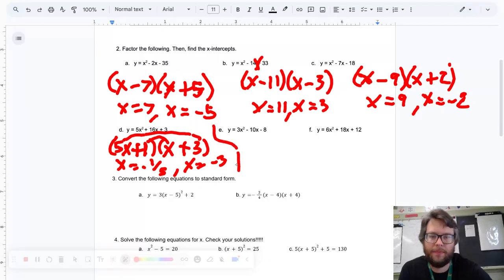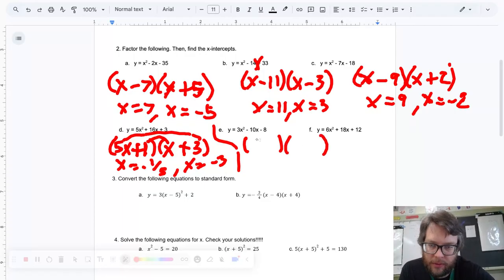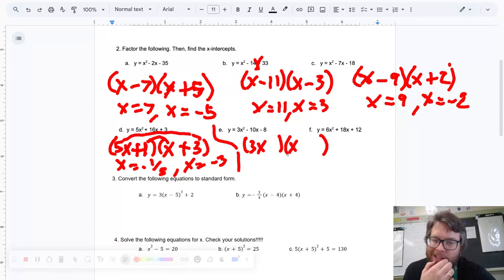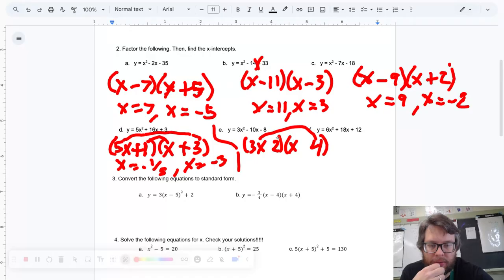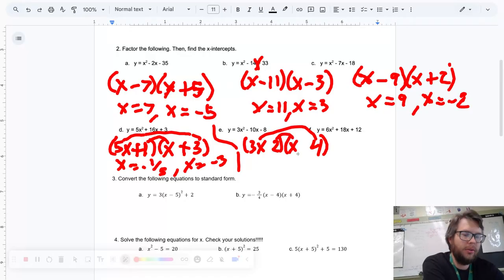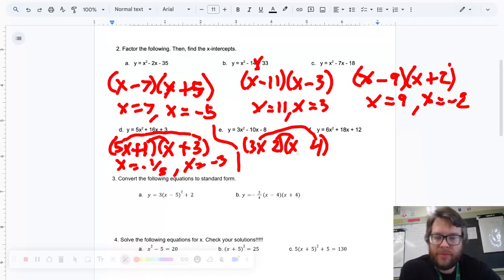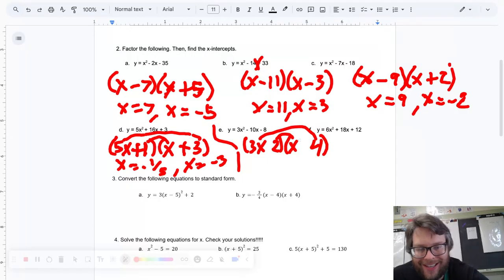Now let's look at this next one. I know that I need to do 3x times x, and I also need to get 8. 8 could be 4 times 2 or 8 times 1. I'm going to do 4 times 2 with a 4 over here and a 2 over there, because 3 times 4 is 12, 2 times 1 is 2, and if I do 2 minus 12, I'm going to get negative 10.